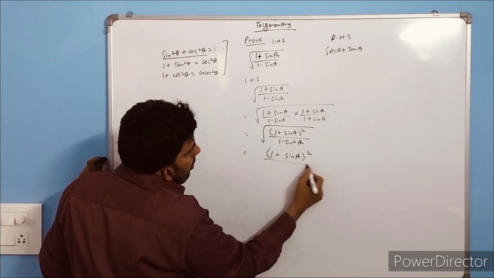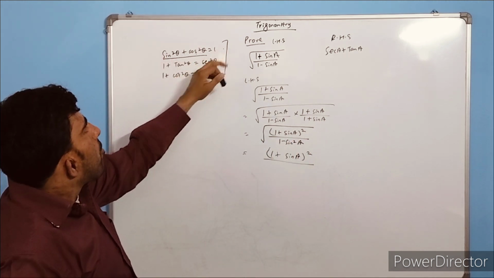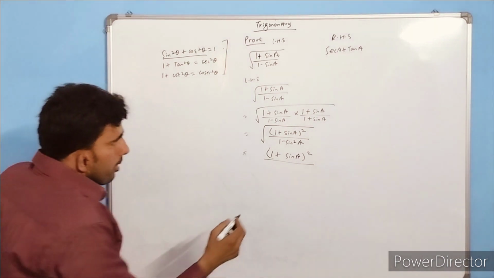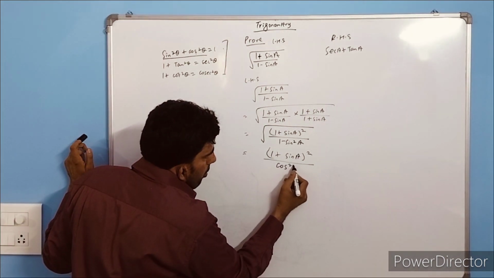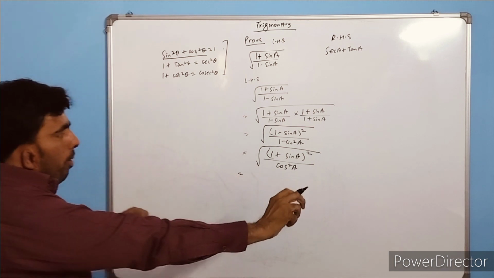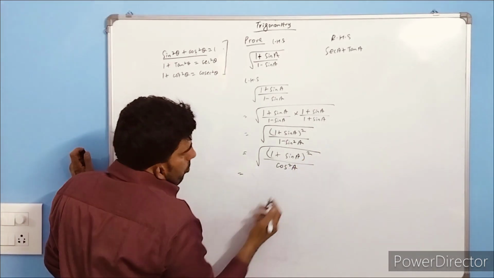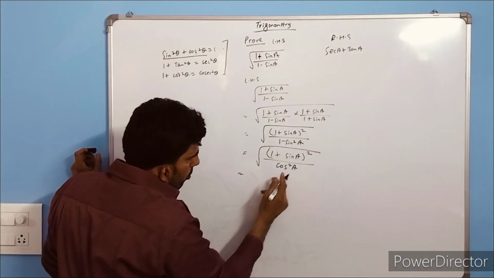You can see now 1 minus sine square. If I take sine square to this side, what will be left is cos square. So I will get cos square A, that is what I had given in the root. Now we can easily reduce with the square root.